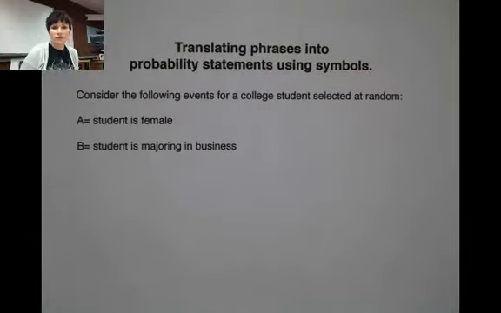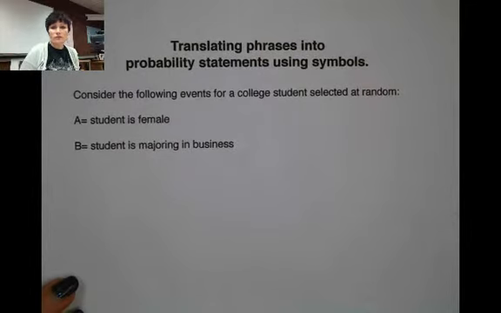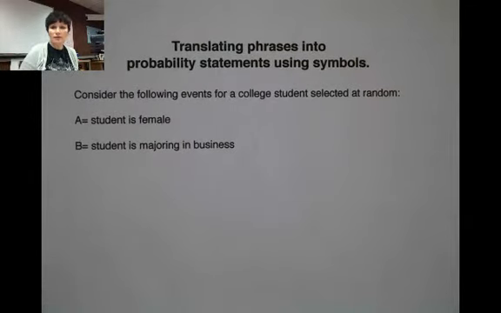Our events are Event A, that a student selected at random at college is a female student, and Event B, the student is majoring in business. So the first thing I like to do before I even take a look at the phrases is to determine what the complements of these two events are, because I think that's easier.